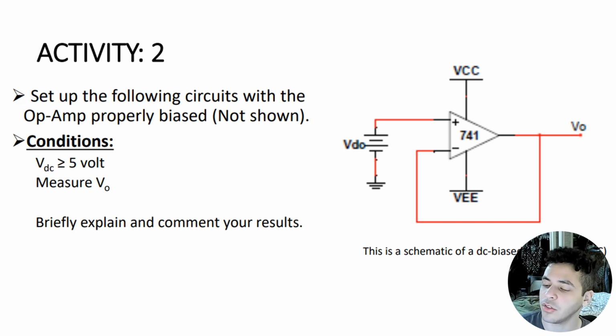The objective is to determine how the output changes based on the input in a properly biased circuit. So I have to also manipulate the VCC and the VEE on screen, and I have to determine how all those components affect or make a difference in the V0 at the end.